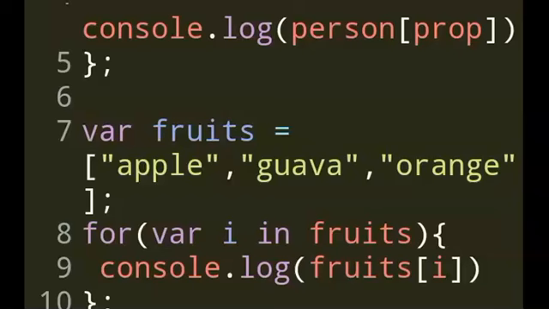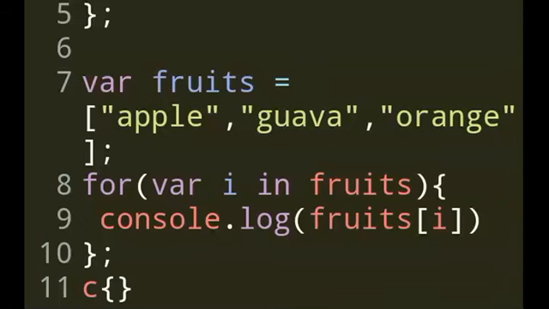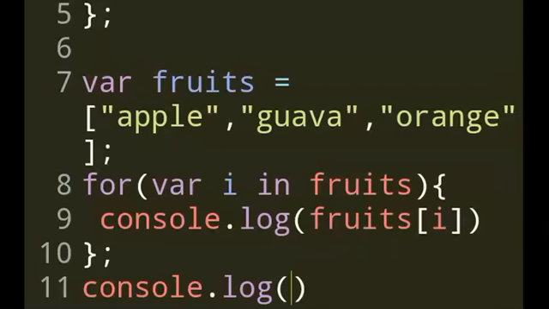Nevertheless, I'll just show you this example. Sorry about that. Console.log what? So that is the array first. The name of the array is fruits, and then I use the bracket notation for I, and that's it.